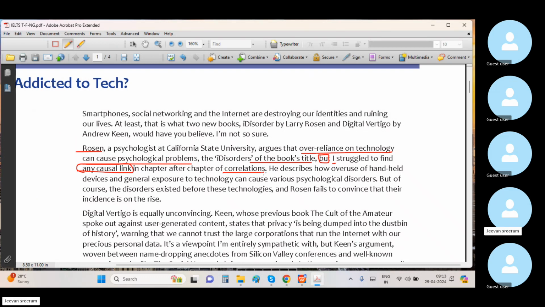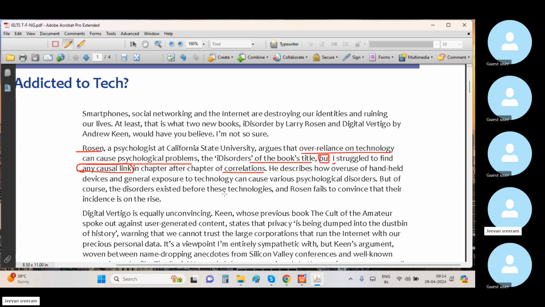He described how overuse of handheld devices and excessive exposure to technology can cause various disorders. What did the author say? These disorders existed before these technologies, right? These disorders have actually existed before the arrival of these technologies.